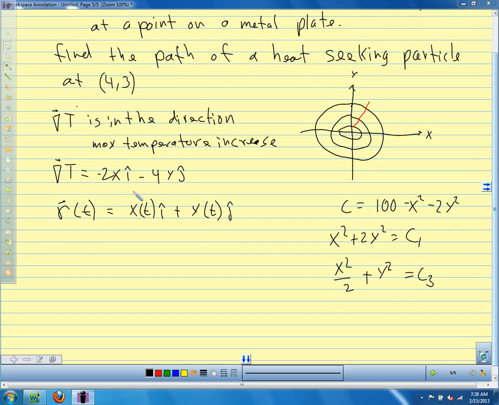So we have our gradient. We know our gradient points in the direction of the maximum temperature increase. Here's our position vector. We need to find some kind of expression for this position vector, some kind of path. Well, what other vector quantity is going to point in the direction that this particle is moving?